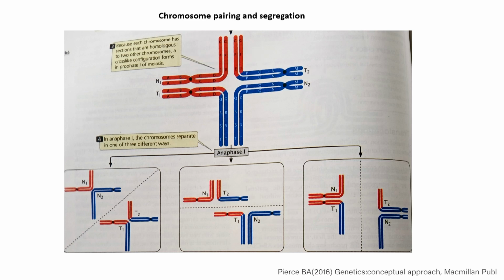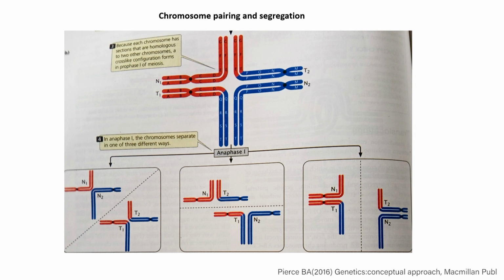Here, if you see how they can separate, there can be one way of separation, that this and this will remain together. When we draw in 2 dimensions, you see this paired with this, paired with this, paired with this. But in 3 dimensions, this kind of pairing can be like this also.